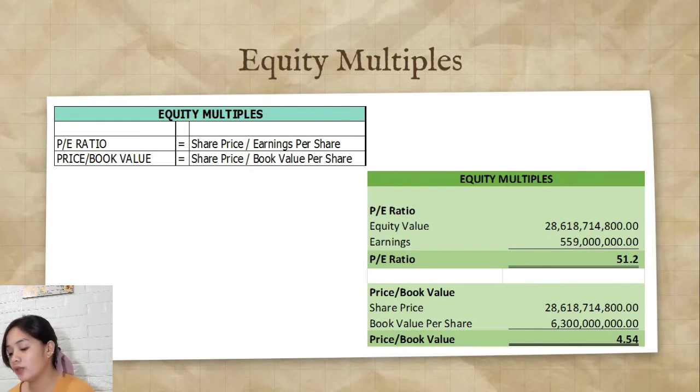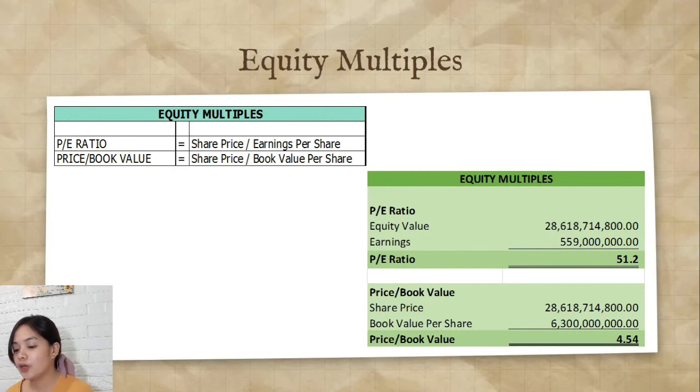Sorry for the mistake, it should be book value and not book value per share. We have it at 6,300,000,000. This will give us a total of 4.54 price to book value.